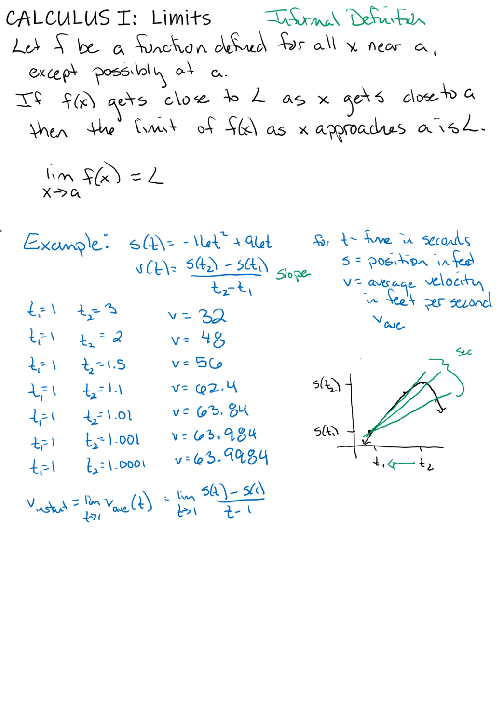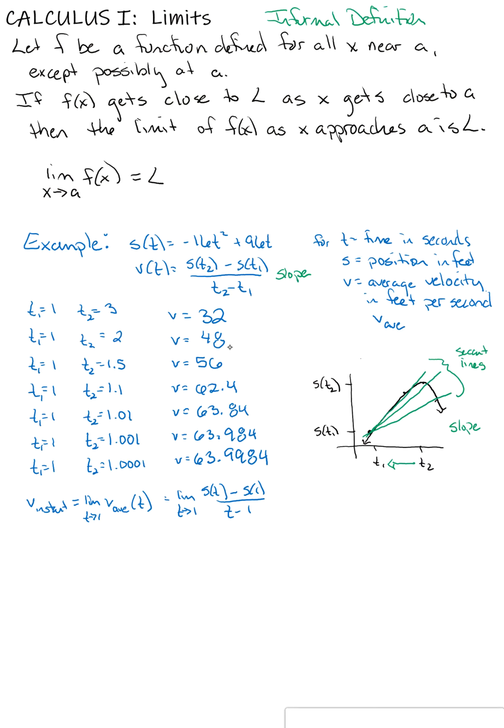And you'll notice that we can actually use this to figure out what is the slope at just a single spot. So that's what we're trying to figure out, is what is that v at an instant.